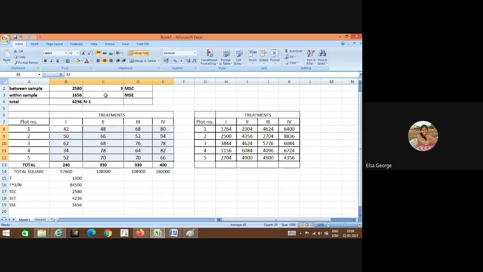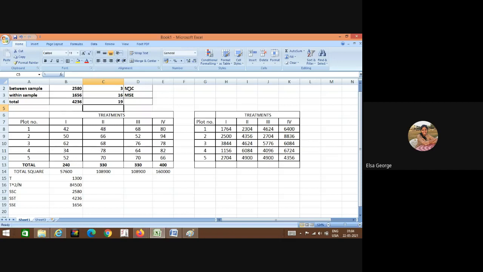So your N is 20 minus your K is 4, so we get 16. Now N minus 1 is for the total column, so N minus 1 is 19. If you add both these columns together, you will get 19.